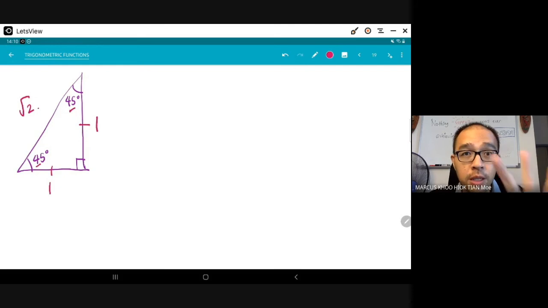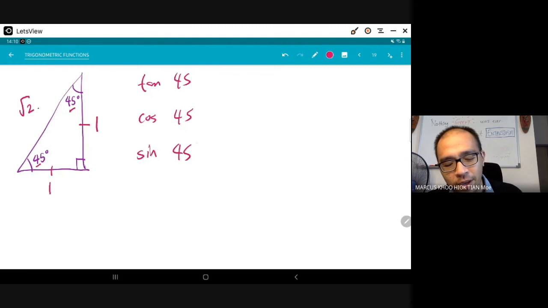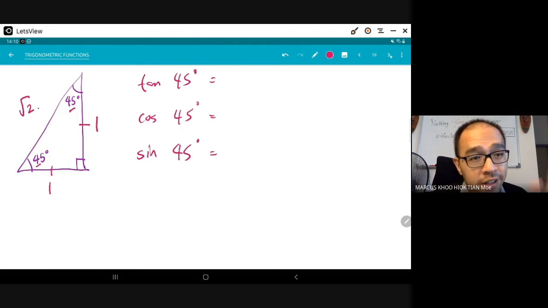Now you can give me 3 more special values: sine 45, cos 45, and tangent 45. Use any 45 degree angle, it doesn't matter, you get the same answer.